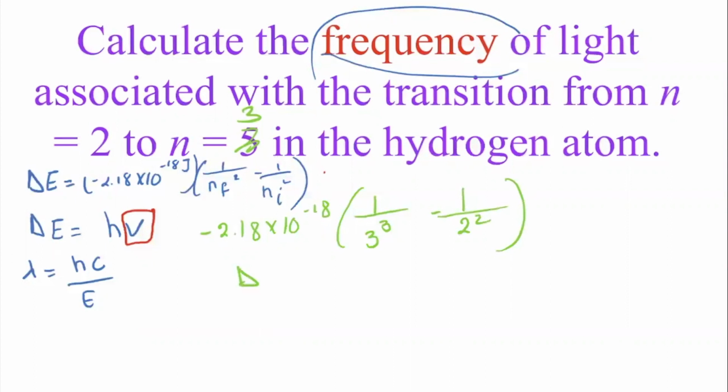That should give you delta E equals 3.38 times 10 to the negative 19 joules.